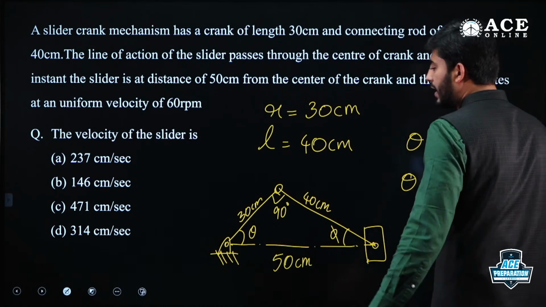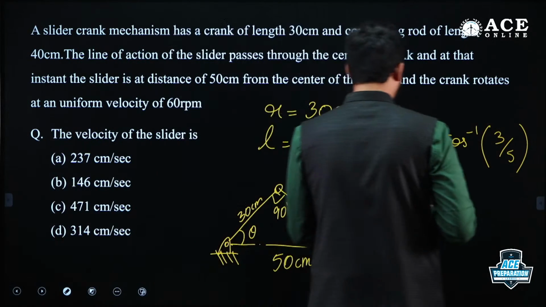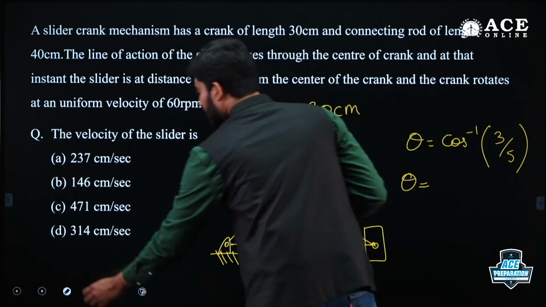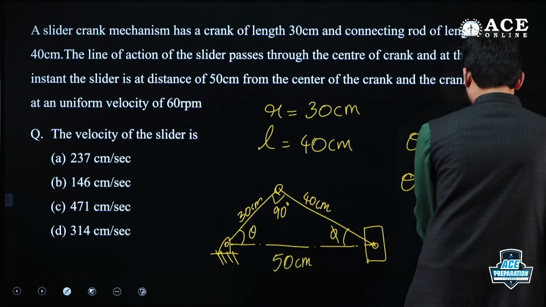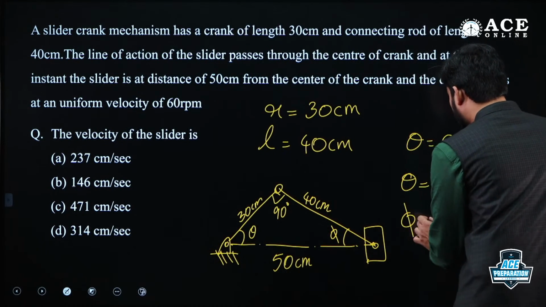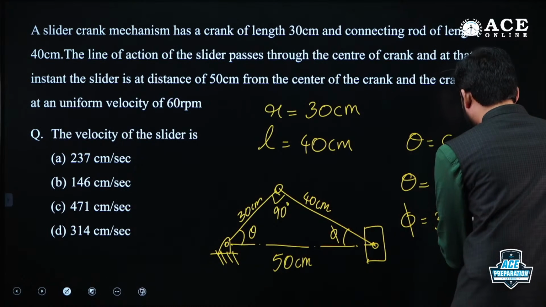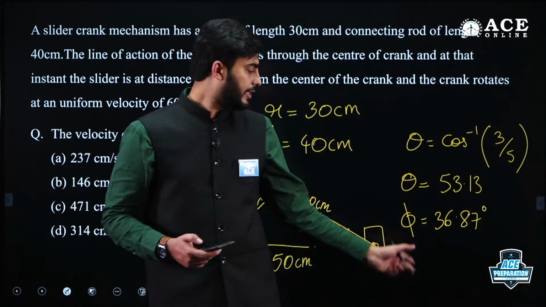What is the value of theta, guys? 53.13. If this is 53.13, then phi will be equal to 36.87 degrees, right?